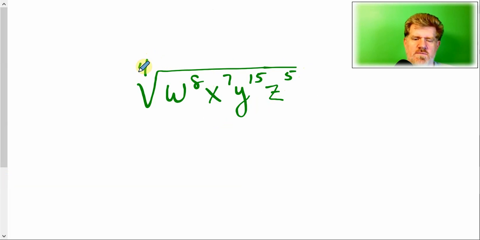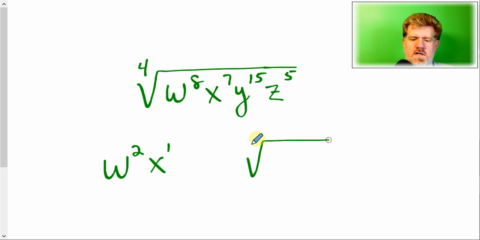What's 8 divided by 4? 2. 7 divided by 4. How many times does 4 go into 7? Once. But what's your remainder? So it's like you took 4 of these out, which means 3 are left.